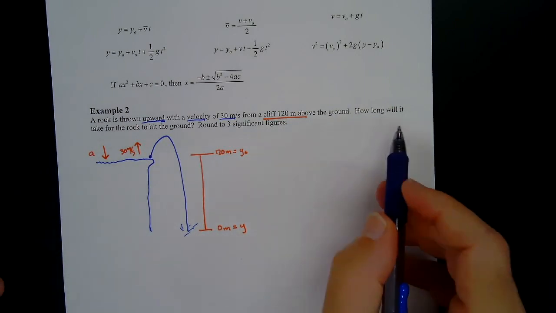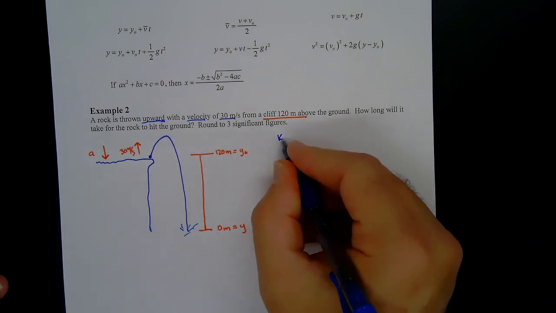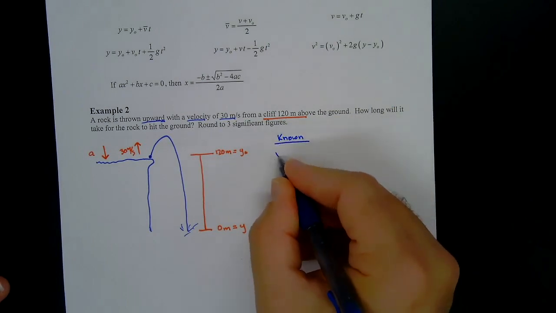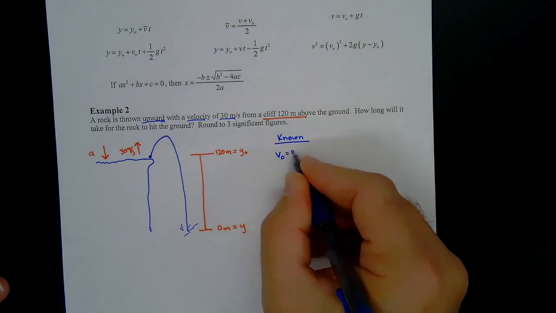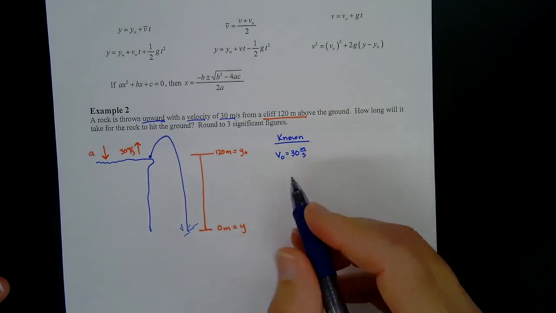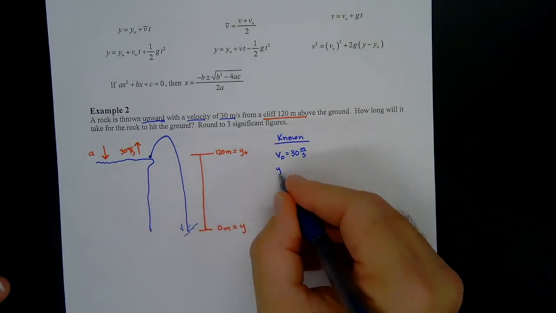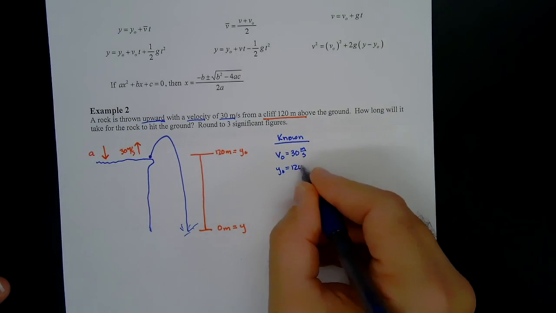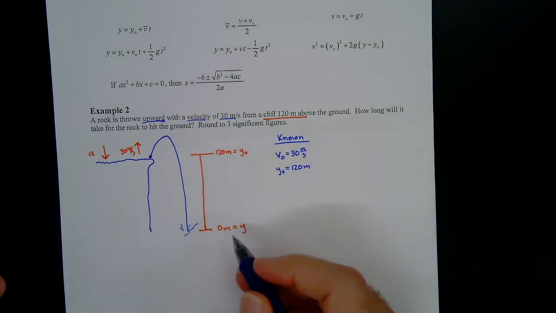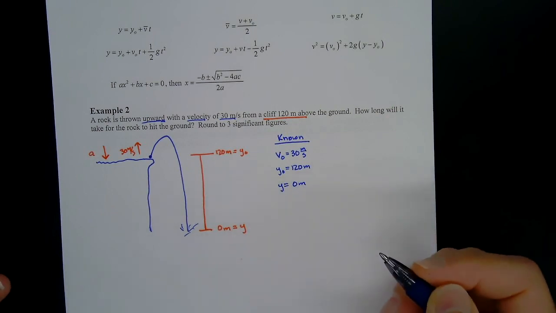And so I want to find how long it's going to take the rock to hit the ground. So what is known here? My initial velocity, v sub 0, is 30 meters per second. My initial position, because I'm starting on this cliff 120 meters up, y sub 0, is 120 meters. And I want the position to end at the ground, so my final position is 0 meters.